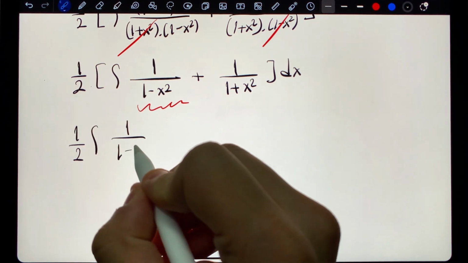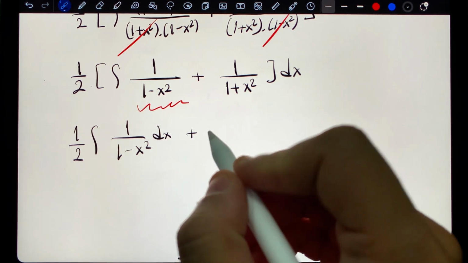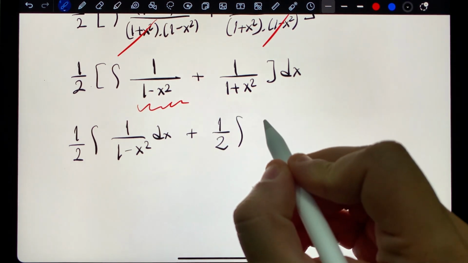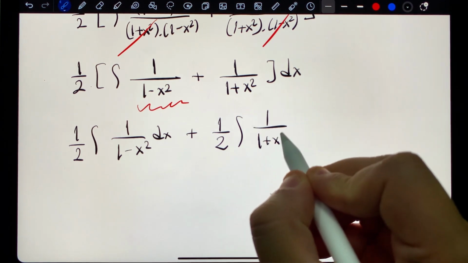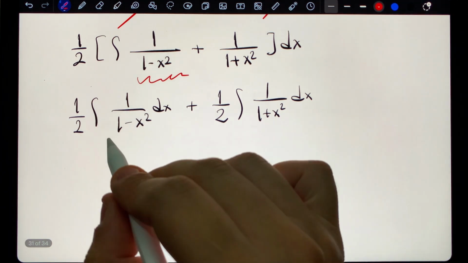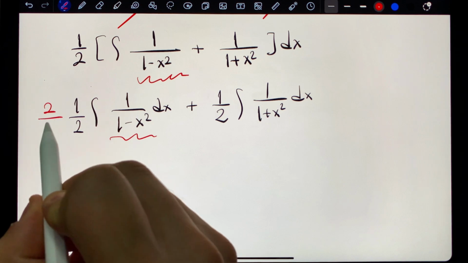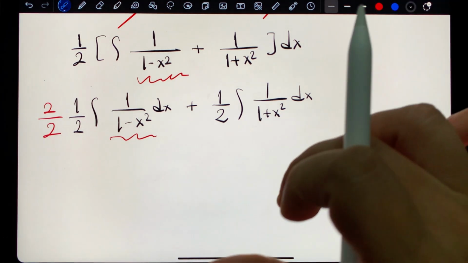When we distribute, it becomes 1/2 integral of 1 over 1 minus x dx plus 1/2 integral of 1 over 1 plus x dx. Now, what do I need to do with this part using the same logic? I need to multiply by 2 and divide by 2. I continue.